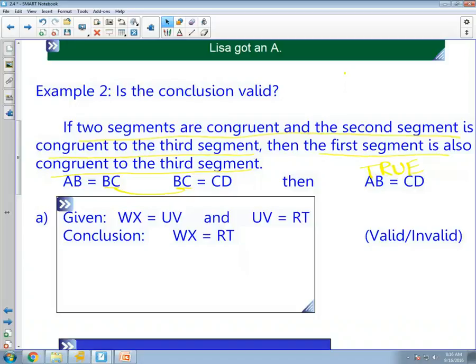Okay, remember what I said about the given? Don't mess with the given, it's always true. So this line right here has to be true. WX equals UV and UV equals RT.